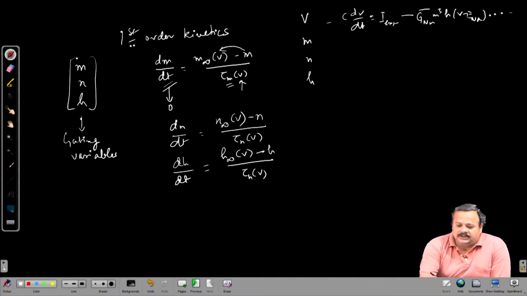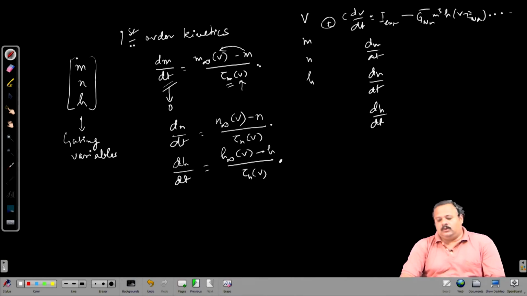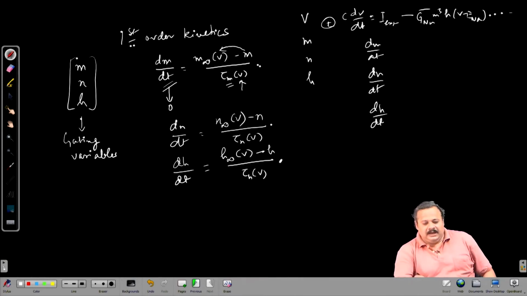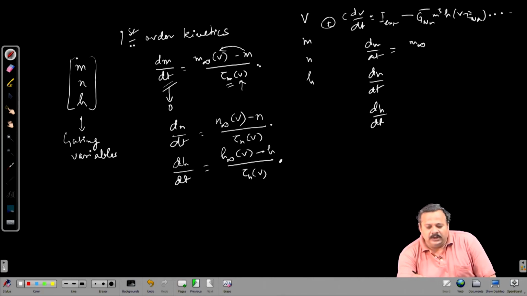This is the first equation here. This would be the second equation, third equation and the fourth equation: the dm/dt, dn/dt and dh/dt. And you can see that they are all interconnected with each other.